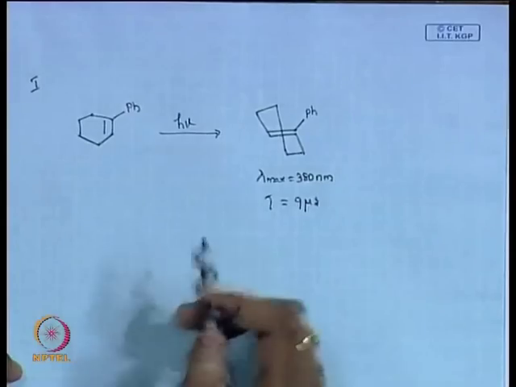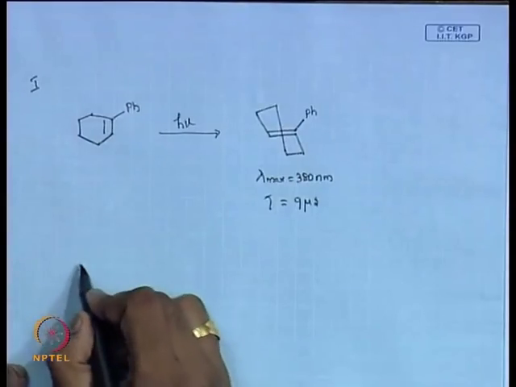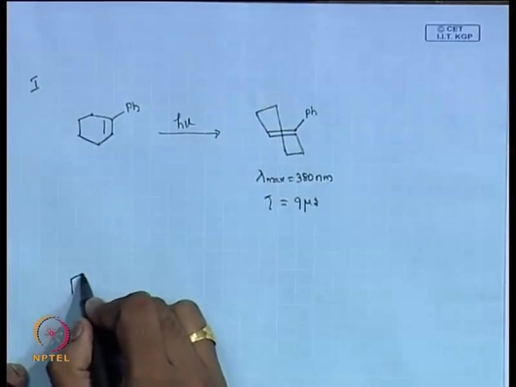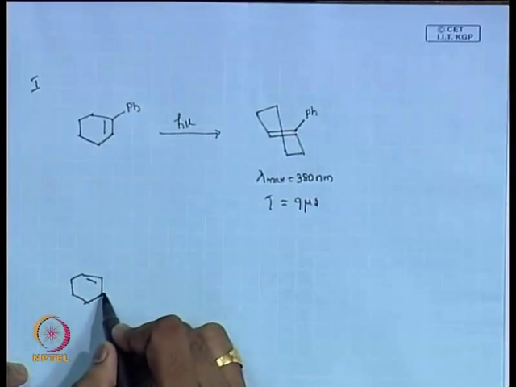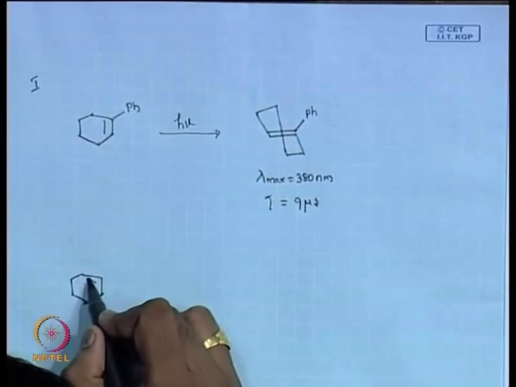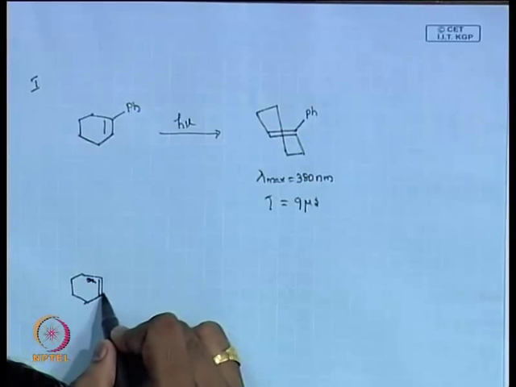See, if you take a system like this, in the presence of a system like this, sorry, I do not have a double bond here.